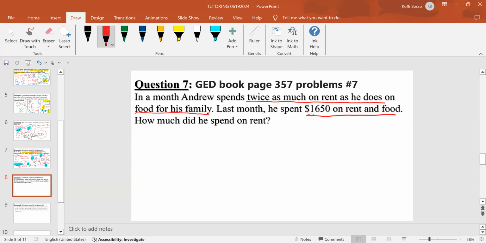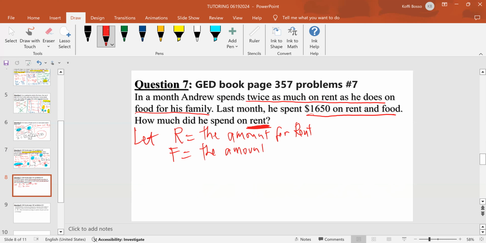So we know the total amount. For rent we can put R and for food F. So R will be the amount spent for rent and F the amount spent for food for his family.